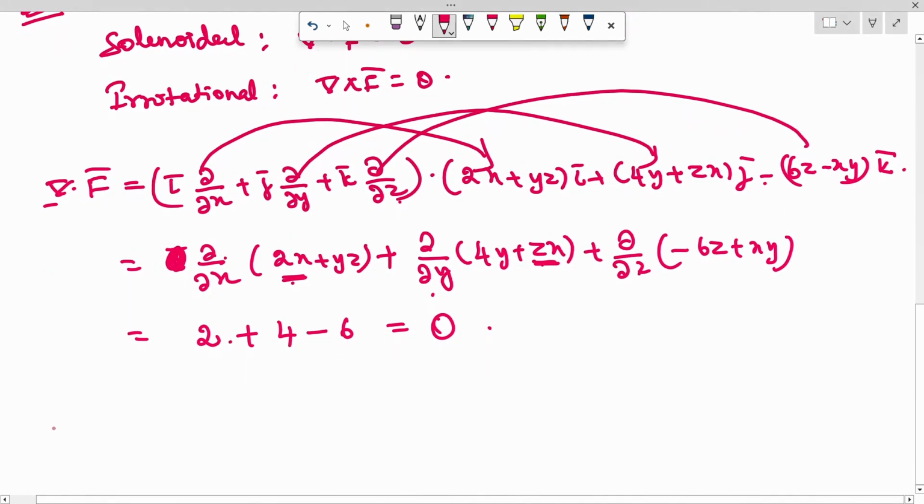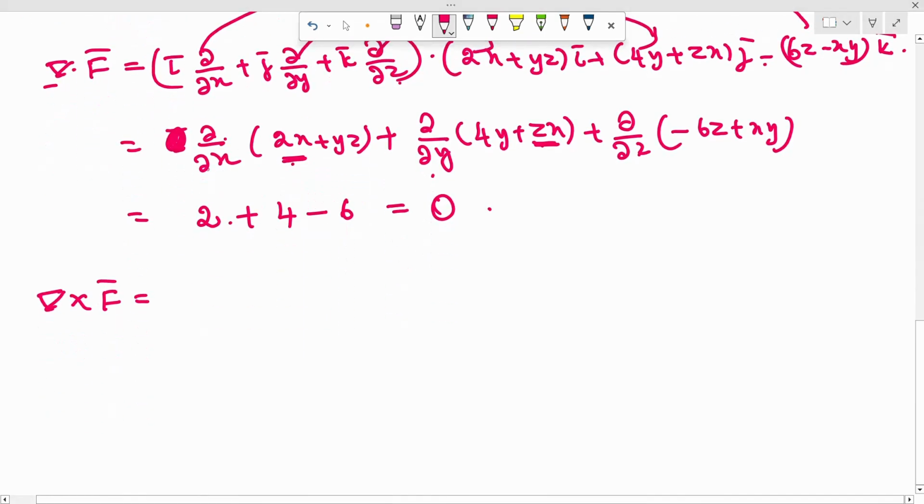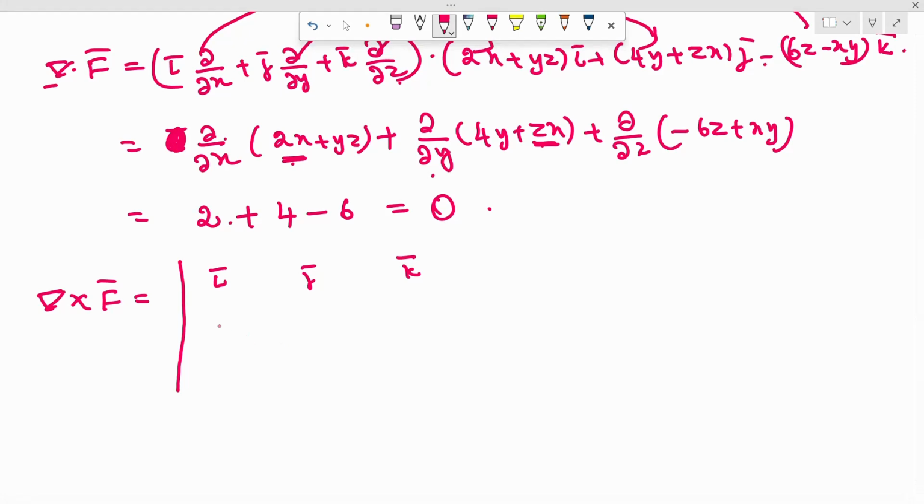First condition done. Second one, irrotational. Del cross F vector, we can write. First, we are going to write the general determinant. Write in the first row i vector, j vector, k vector. In the second row, write the del elements: first term is dou by dou x, second term dou by dou y, third term dou by dou z.